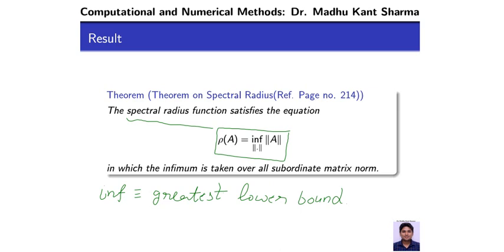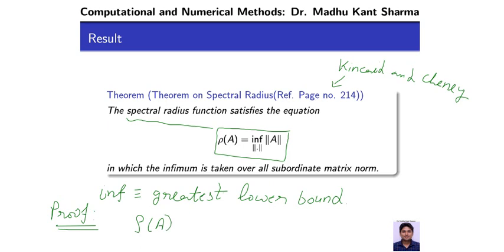For the other way you have to look at the reference book by Kincaid and Cheney. We have already seen that for any subordinate matrix norm, the spectral radius of A is less than or equal to norm A, for all subordinate matrix norms.